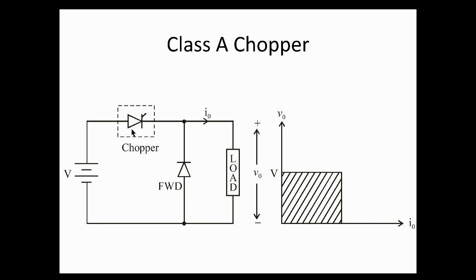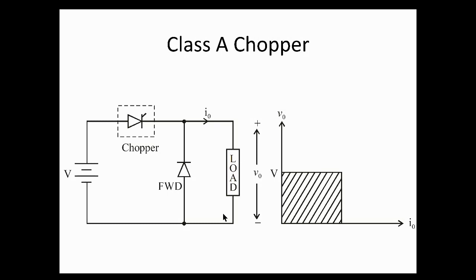So basically, what he's saying is that when this chopper turns on, you would have positive voltage across the load. None of the current would go through this diode here. Instead, the current would be in this direction.